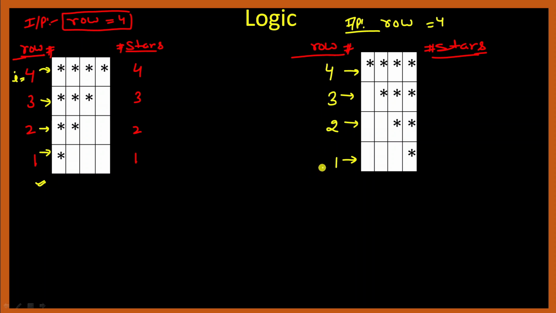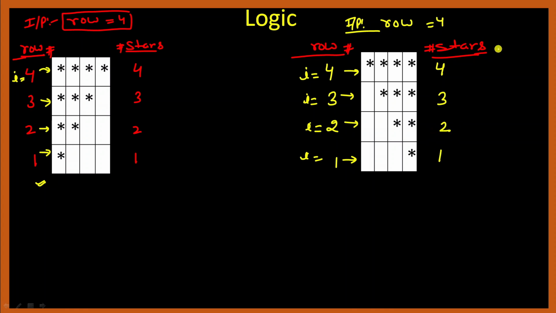Why am I doing this? Because if this is I equal to 4, this is 3, this is 2, this is 1, the count of stars will be the same as the count of I. Current I is 4, so the number of stars in this row will be 4. If I am in the third row, then 3 stars will be there. So it will be easy for me to make the program: if I am in the ith row, I number of stars will be printed. I do not have to do much calculation.